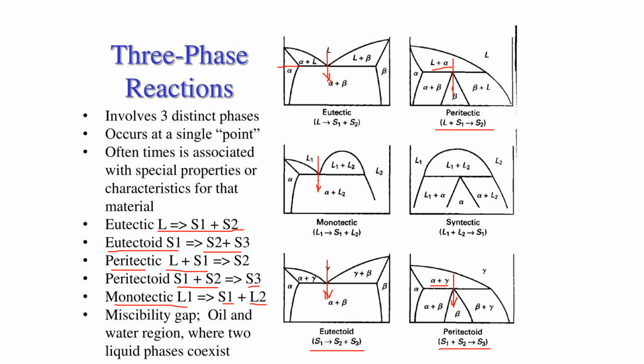So for the monotectic reaction, when the substance is cooled down and passes the isotherm temperature, another solid and another liquid are formed.